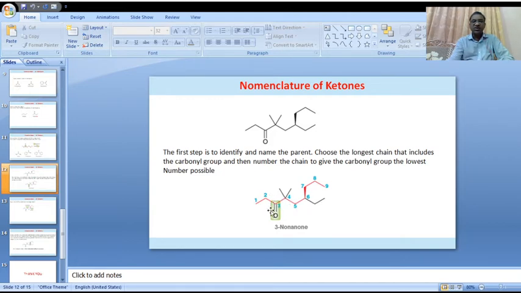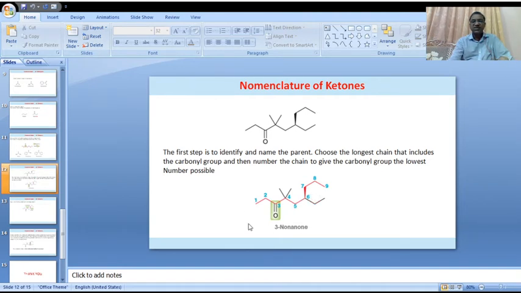The carbonyl carbon, the third position carbon, is also included, and the position of the carbonyl should be the lowest possible number. Here, third position. If numbering starts from the left-hand side, in that case the carbonyl position would be higher.